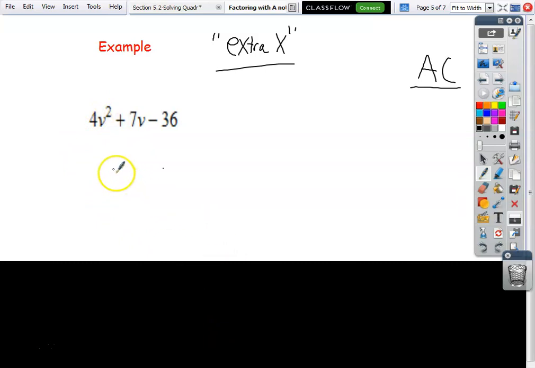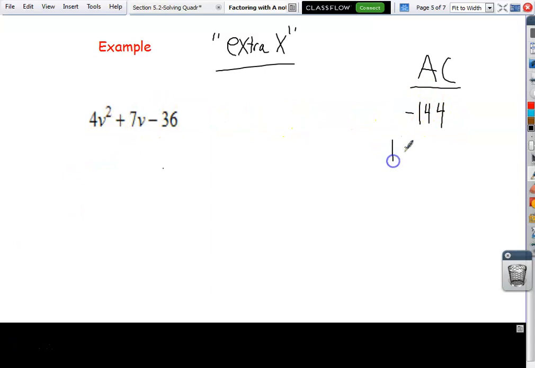So I'm going to get my AC value. 4 times negative 36 is negative 144. Now, let's ponder here. What are two numbers that multiply to negative 144 over here, but add to a 7? Those numbers would be 16 and negative 9.